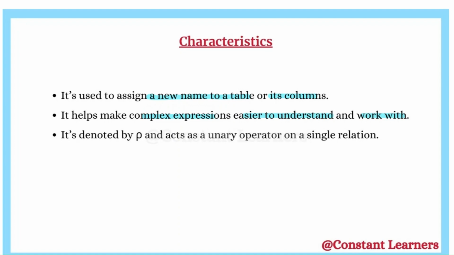So we give names to those queries or the output tables, and then we use those names in other queries. It is denoted by Greek alphabet rho, and it acts as a unary operator on a single relation. Alright. So it was as simple as that.